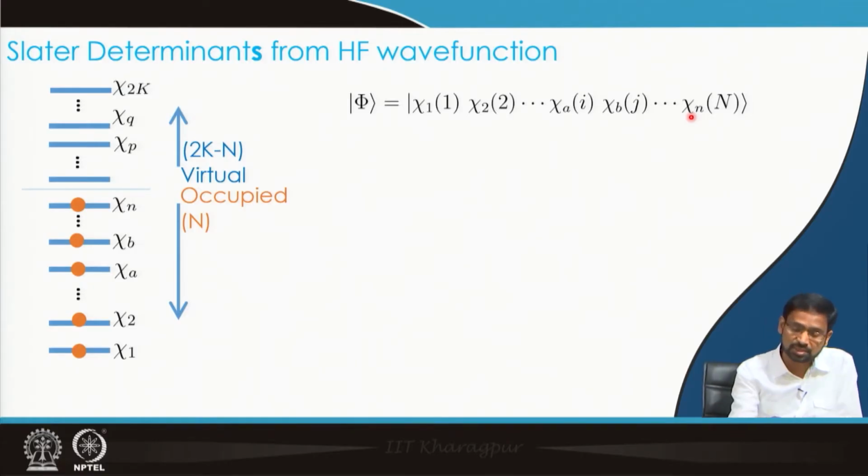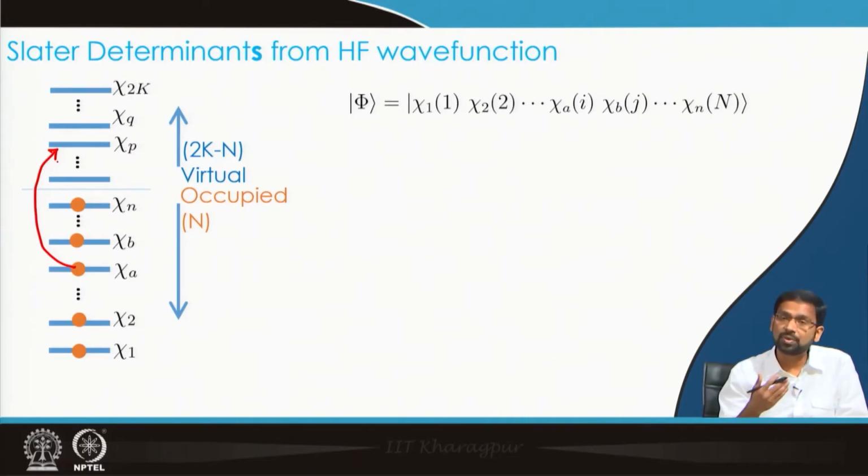Now, imagine, this is one n-electron wave function for the molecule. Of course, this wave function corresponds to the lowest energy, that is all right, but I can also imagine that if I take one of these electrons, suppose this electron, and put it in chi p, the p spin orbital, what would happen?